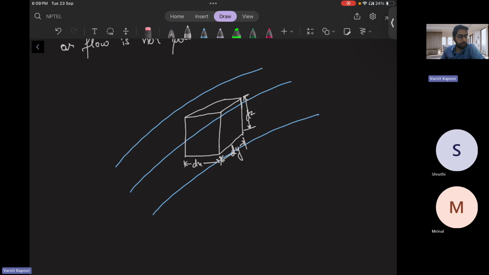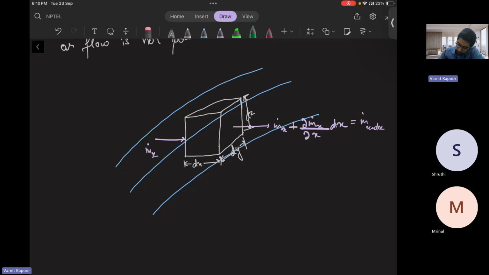Suppose from the x direction the fluid enters. So this is your mass flow rate in x direction, and it also leaves this element. From Taylor expansion, you can write that mass flow rate in x direction is m_x plus ∂m_x/∂x dx. This is nothing but your mass flow rate at x plus dx. Similarly for y and z directions.